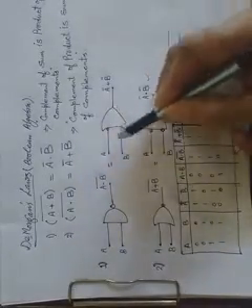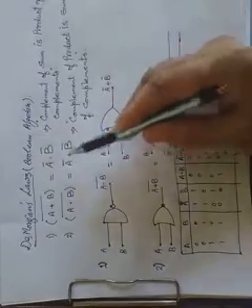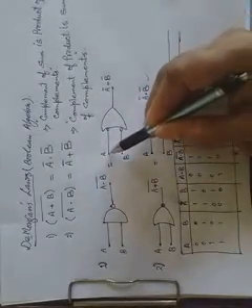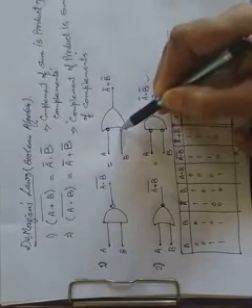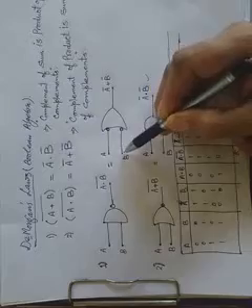But this OR gate is receiving the inputs A complement and B complement. So for A, I have put a bubble over here, and another bubble over here for input B.